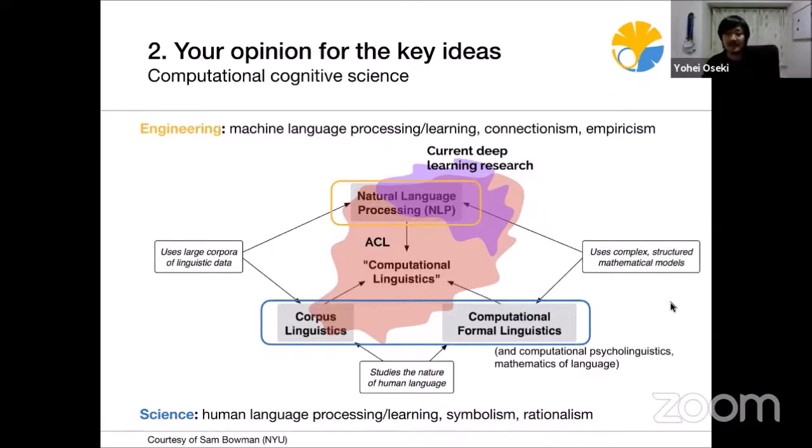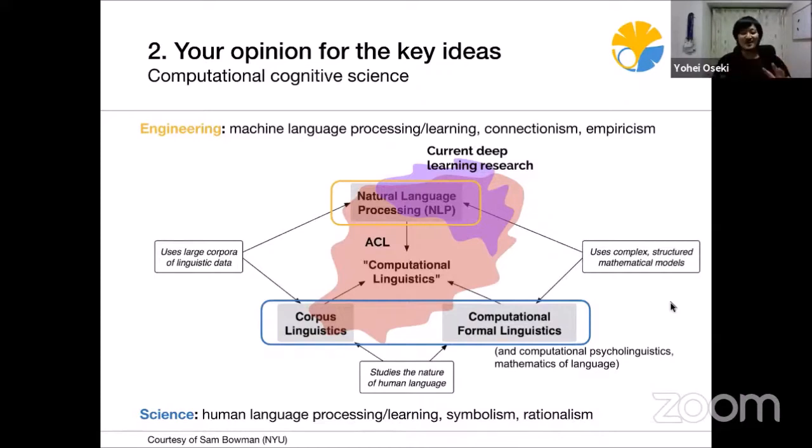My research tries to combine those 2 strands of research: human language processing and learning on one hand, and machine language processing and learning on the other.